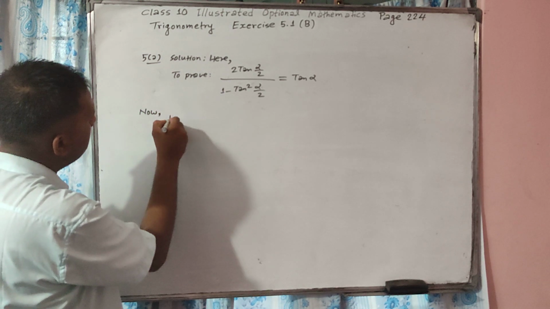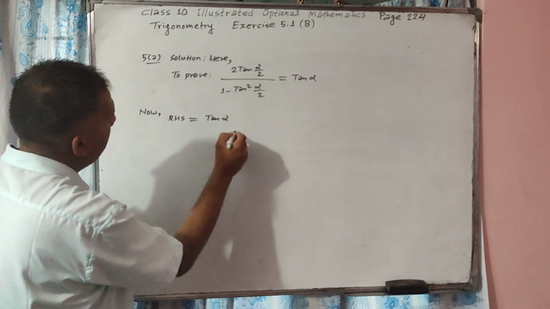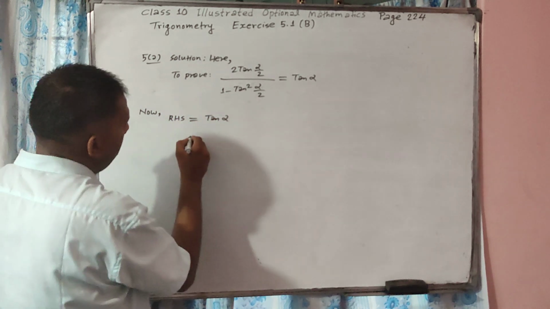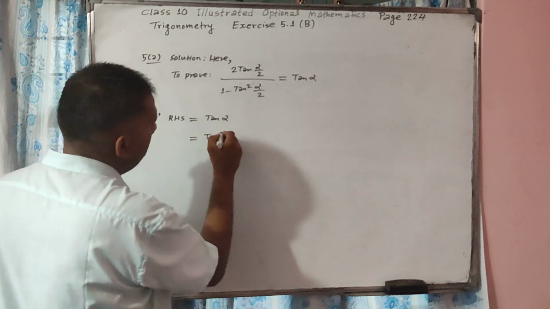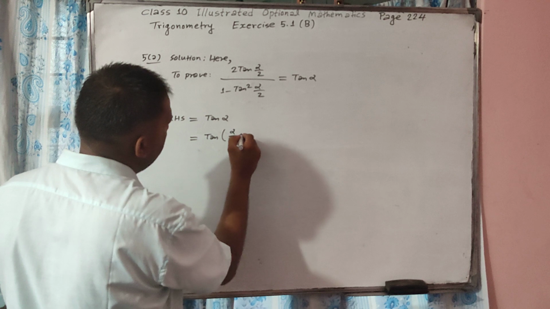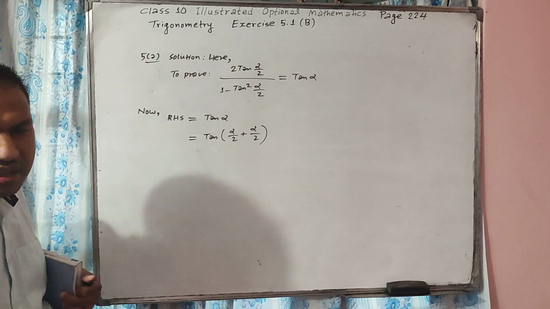Now RHS equals tan alpha. Tan alpha equals tan of alpha by 2 plus alpha by 2, tan A plus B form.